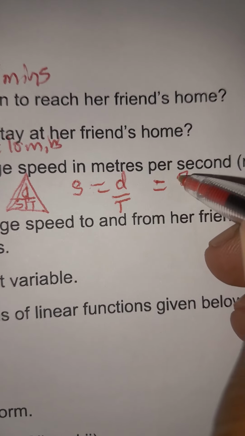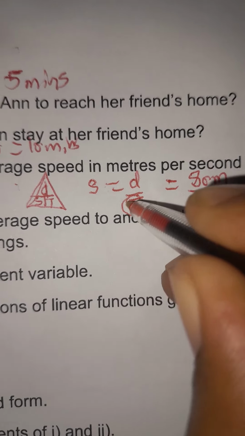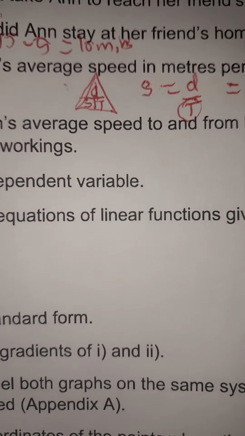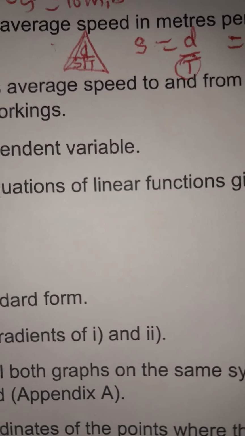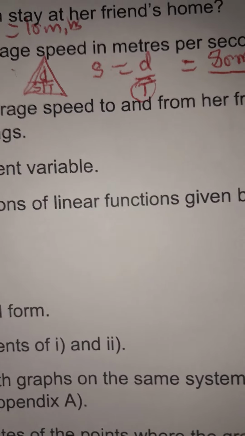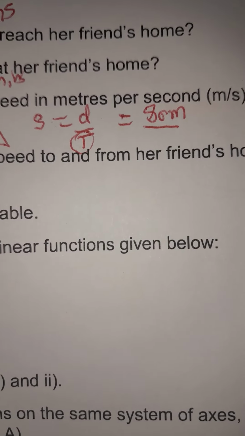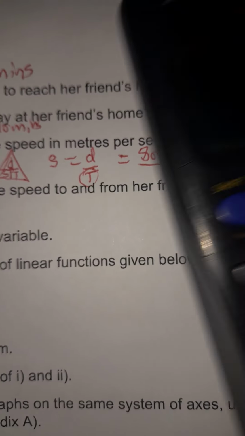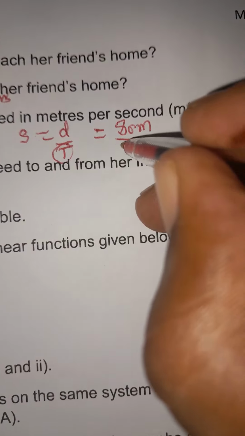The distance, you may recall, was 80 meters. Then we need to write time in seconds. Think of our first question at 4.1: how long did N take to reach her friend's home? We start with that initial time, which was 5 minutes. To convert it into seconds, 5 times 60 is 300 seconds.